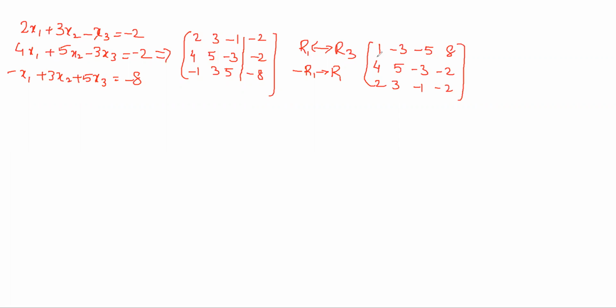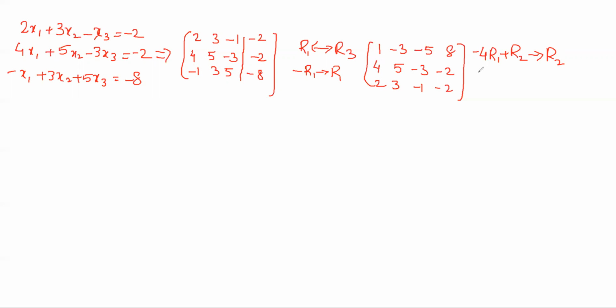What I have done over here is exchange these two rows, so it becomes minus 1, minus 3, minus 5, 8, and 2, 3, minus 1, minus 2 have come over here. Now I can multiply the first row by minus 4 and add it to the second row, and that will be the new second row, to make 4 as 0.